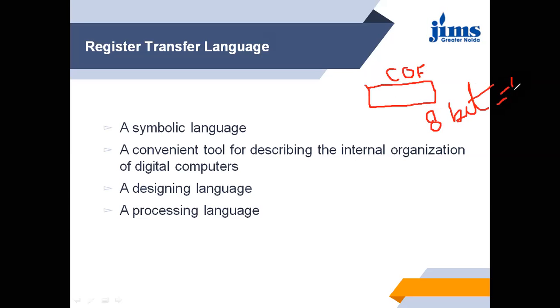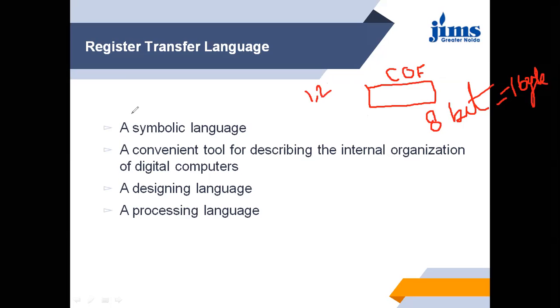So when a register has to store some information, the information will be in multiples of bytes. Either it will be 1 byte, 2 bytes, like this.